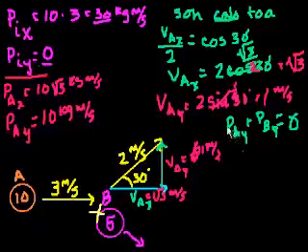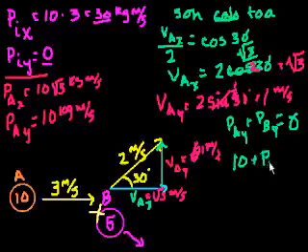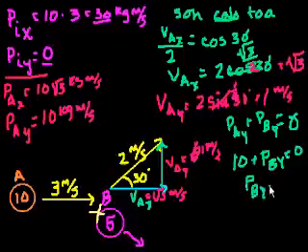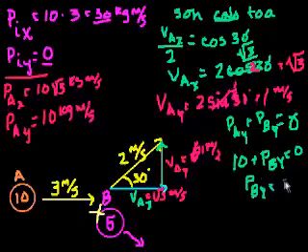We know the momentum of A in the y direction. It's 10 kilogram meters per second, plus the momentum of B in the y direction is equal to 0. So solving for this, just subtract 10 from both sides. So the momentum of B in the y direction is equal to minus 10 kilogram meters per second. You know the units.